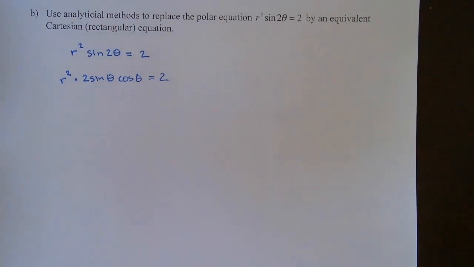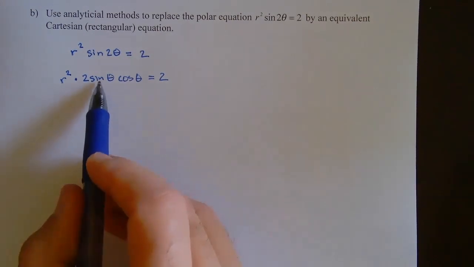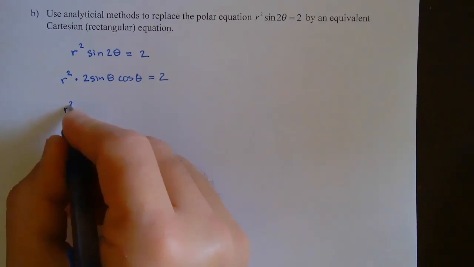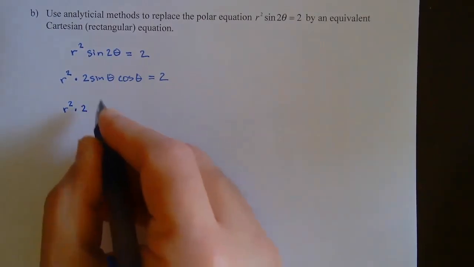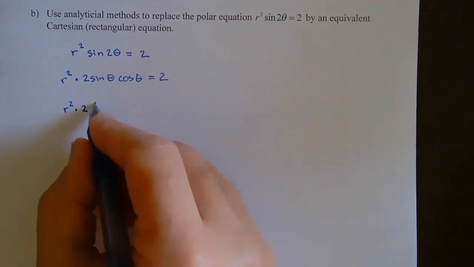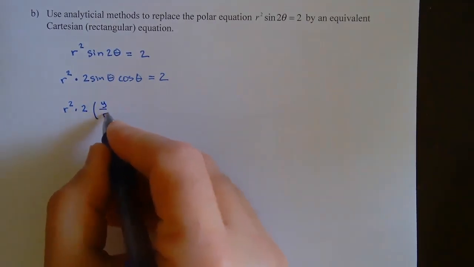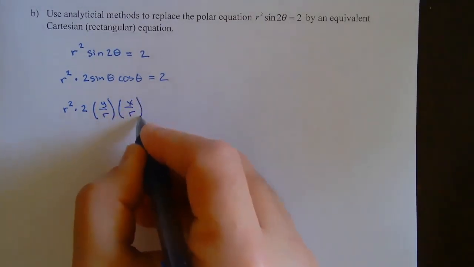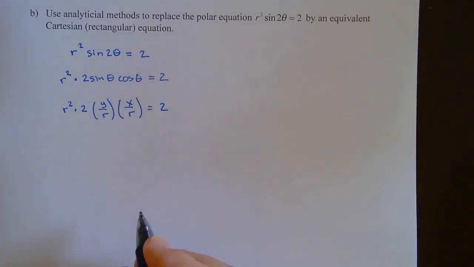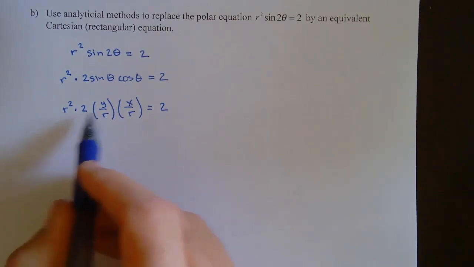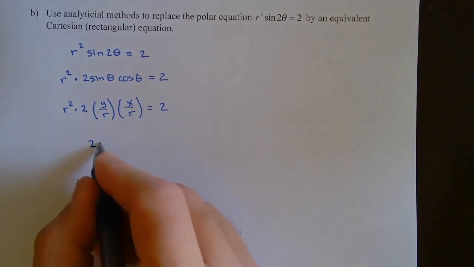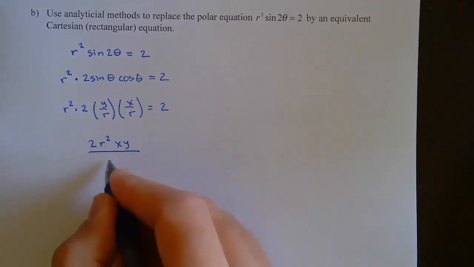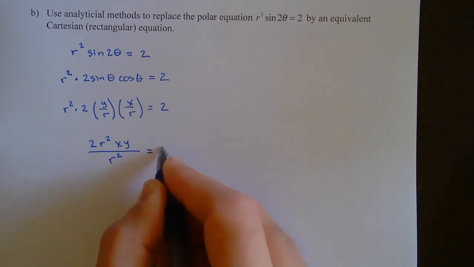Okay, the next thing I would do is swap out sine theta with y over r and cosine theta with x over r. So this becomes r squared times 2, times y over r, times x over r, equals 2. If we multiply this, it's 2 r squared xy over r squared equals 2, right?